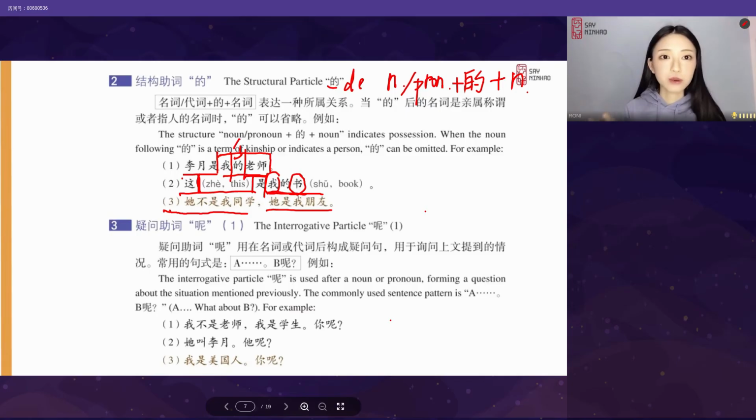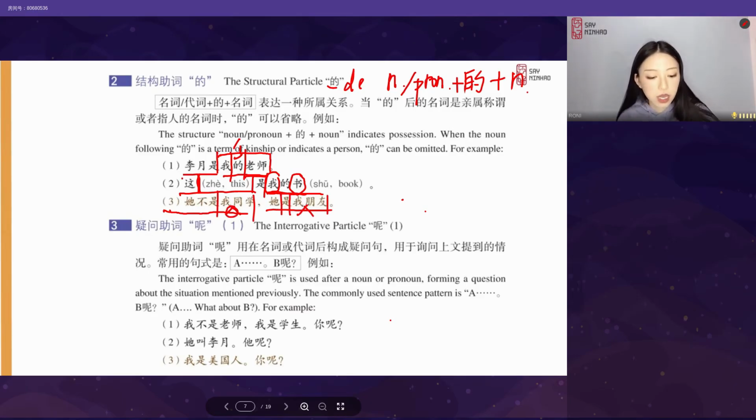No 的 here, but we use it as an example for 的 because 的 is omitted here. It actually should be 他不是我的同学。他是我的朋友。Actually, it should be like this, but 的 is omitted.